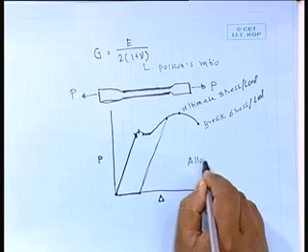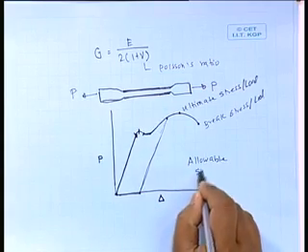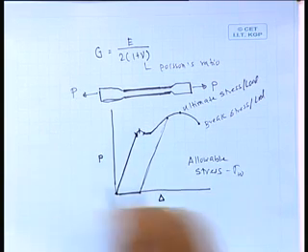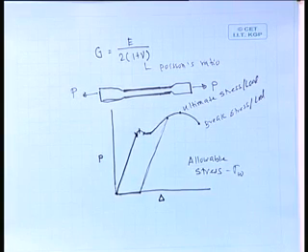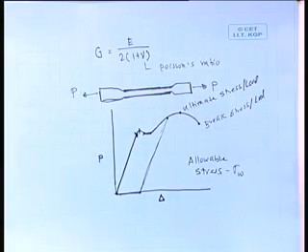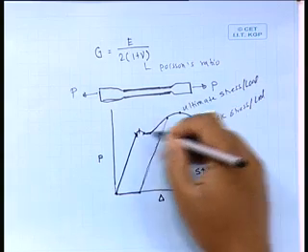So, we take some load with some margin, and that stress is called your allowable stress, or sometimes we write sigma working, and that sigma working, sigma allowable, will be much below compared to your ultimate stress or breaking stress or yield stress.